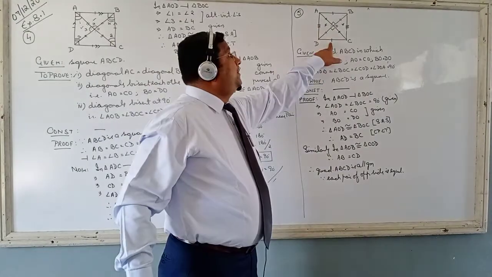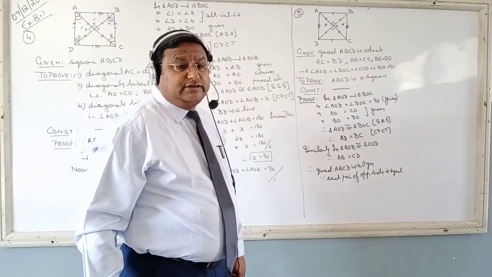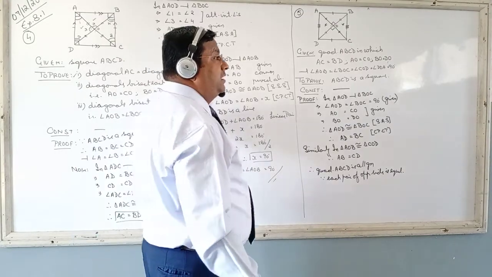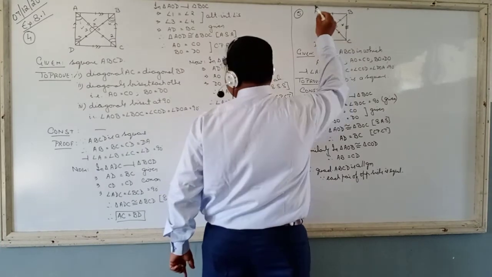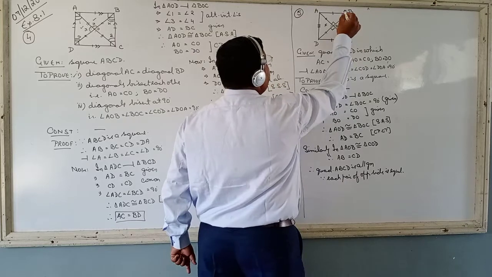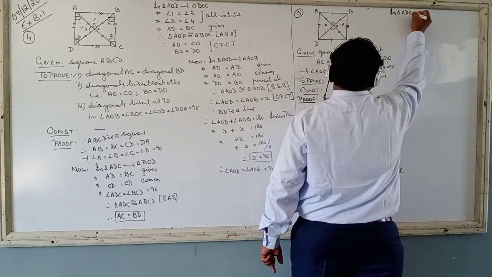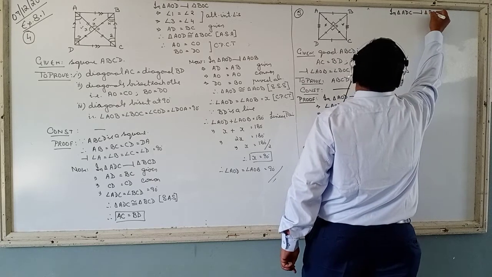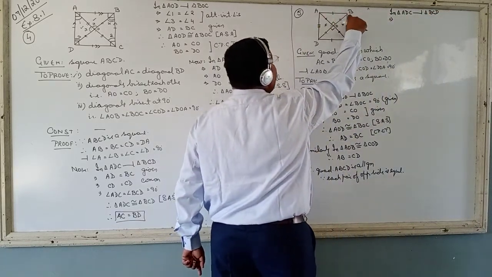Adjacent sides must be equal and the vertices should be 90. So observe. Now we are taking triangle ABC and triangle BCD. In triangle ABC and triangle BCD, is AD equal to BC?